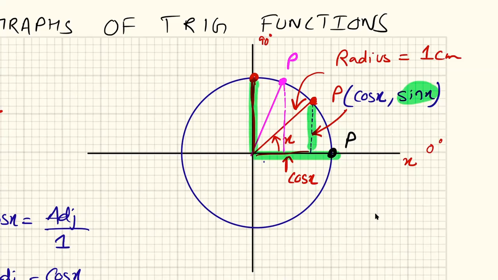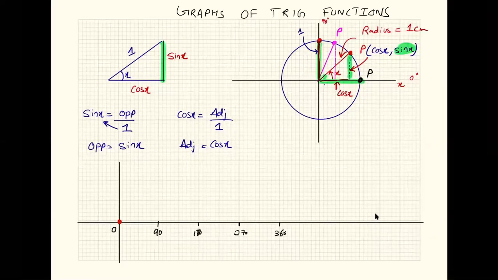So at an angle of 90 degrees, sin x will have a value of 1 because that's your radius. That is why when you press sin 90 on the calculator, you get 1. So at 90 degrees, sin x has a value of 1.